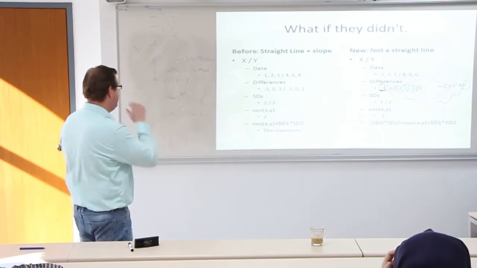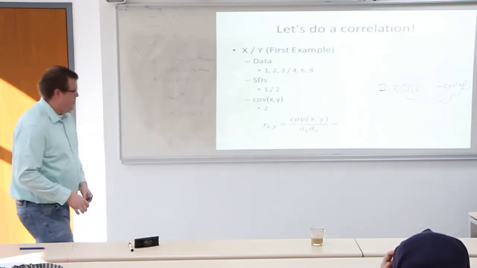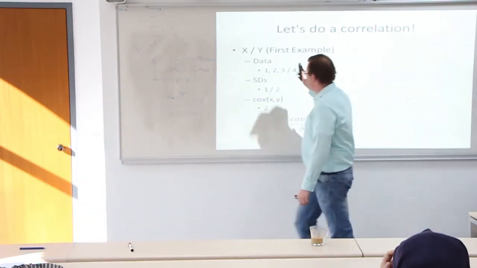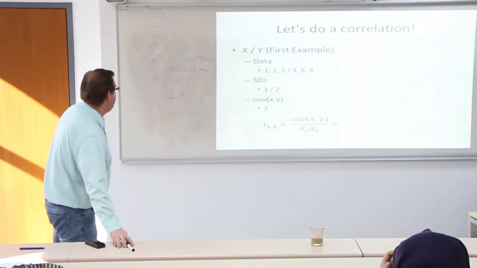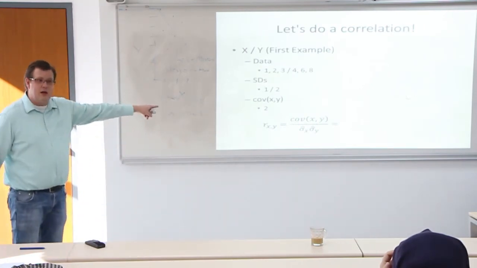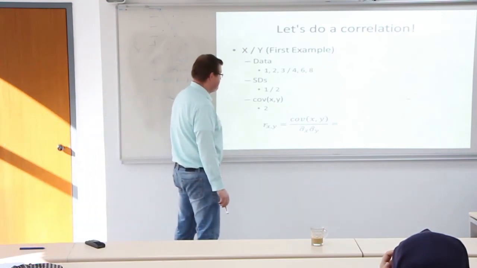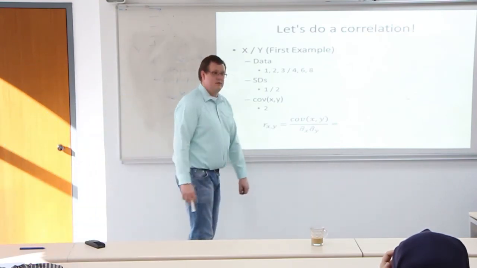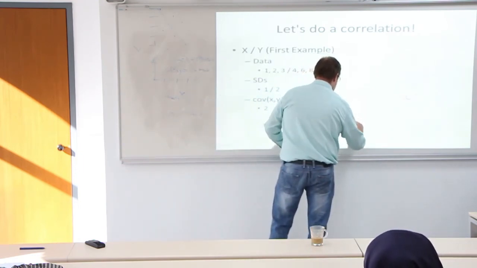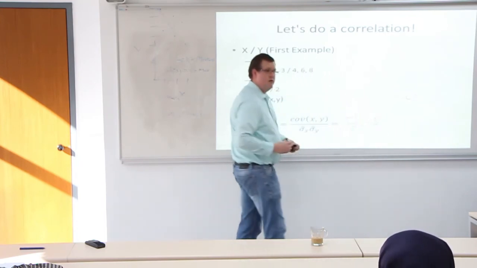You're absolutely right. Okay, let's do a correlation. So this is the information we already have. We have the data, we have our standard deviations, we have our covariance. So what's the correlation here? -1/2, so it's -0.5.